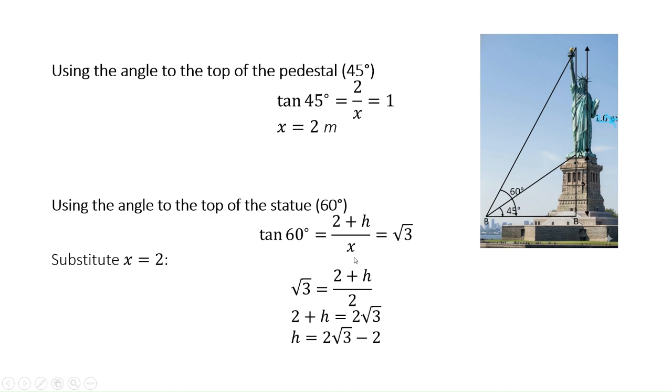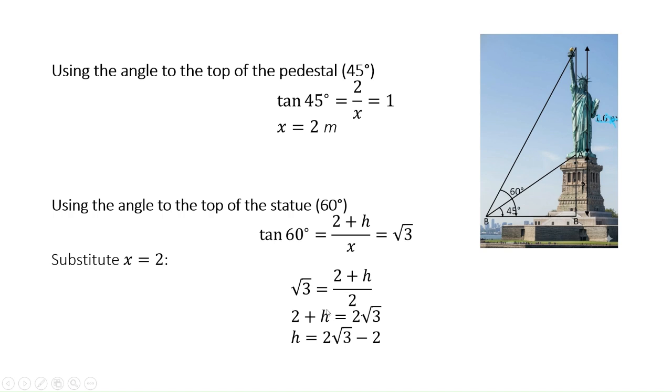x is the distance between the bottom of the pedestal and the point of observation P. So here tan 60 is equal to the opposite side, 2 plus h, by x. The tan 60 value that we know is root 3.